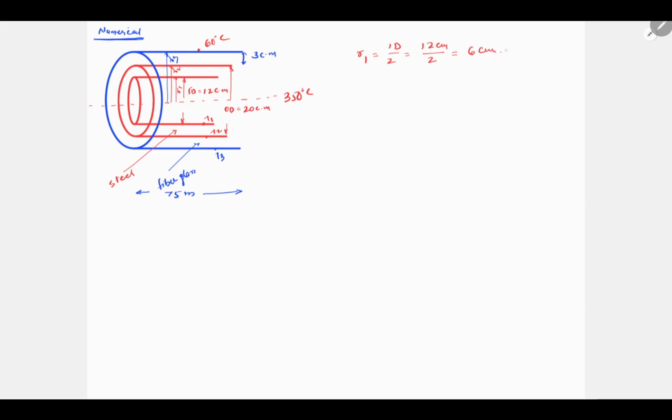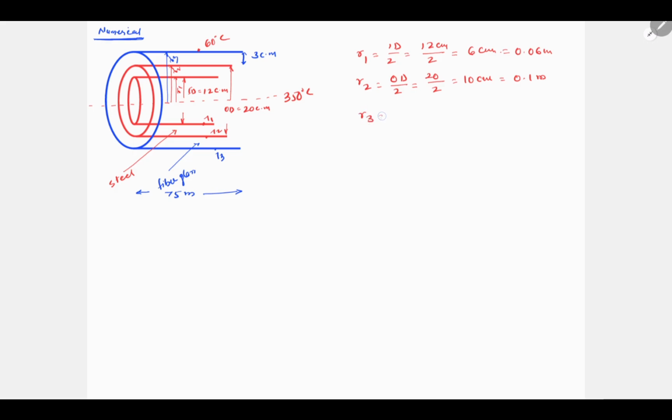Okay, or you can convert into meter, equal to 0.06 meter. Then R2, outside diameter is known to you, so outside diameter by 2 is 20 by 2 is 10 centimeter, or you can say 0.1 meter.